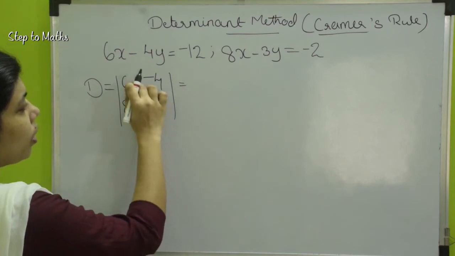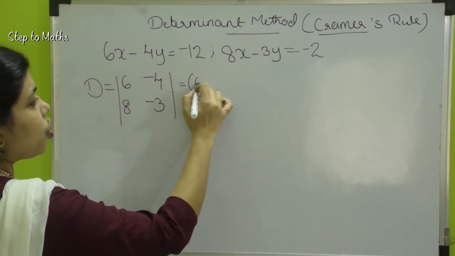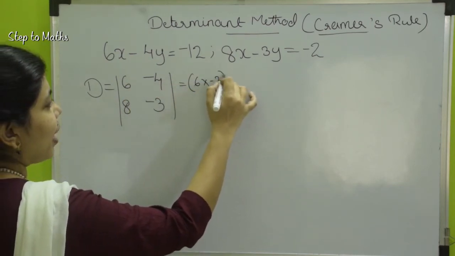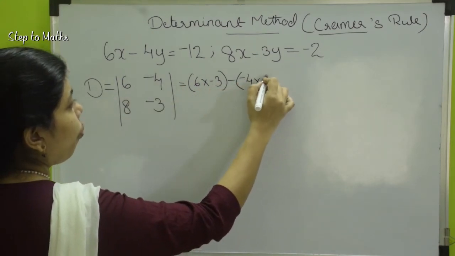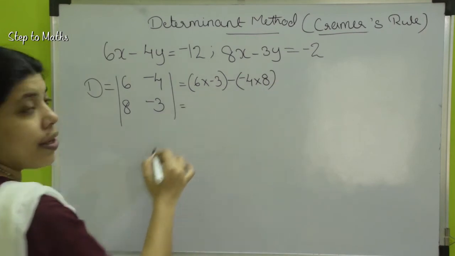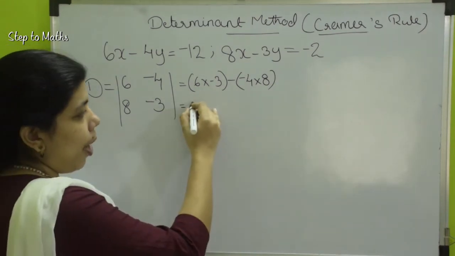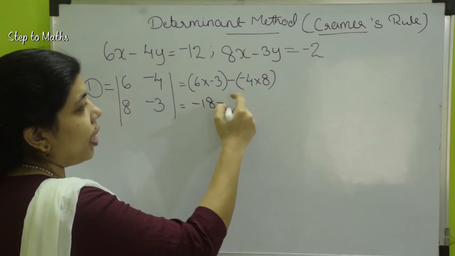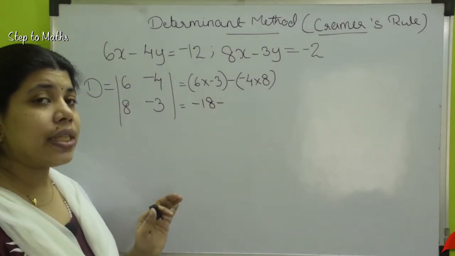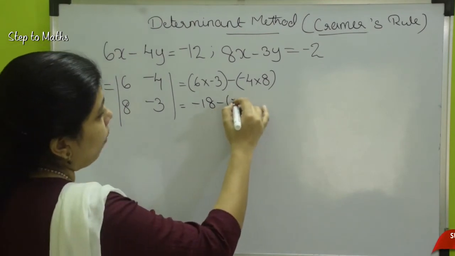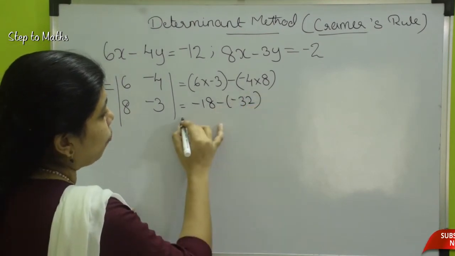That is equal to 6 into -3 minus 4 into 8. 6 into -3 is -18, and 4 into 8 is 32.